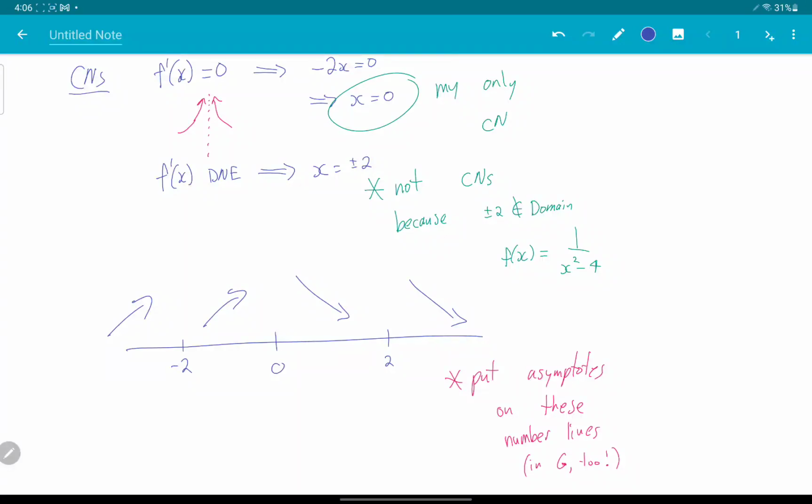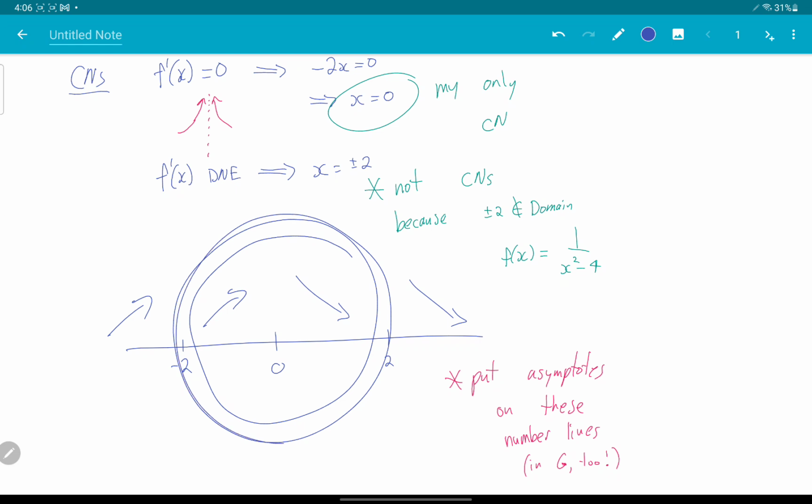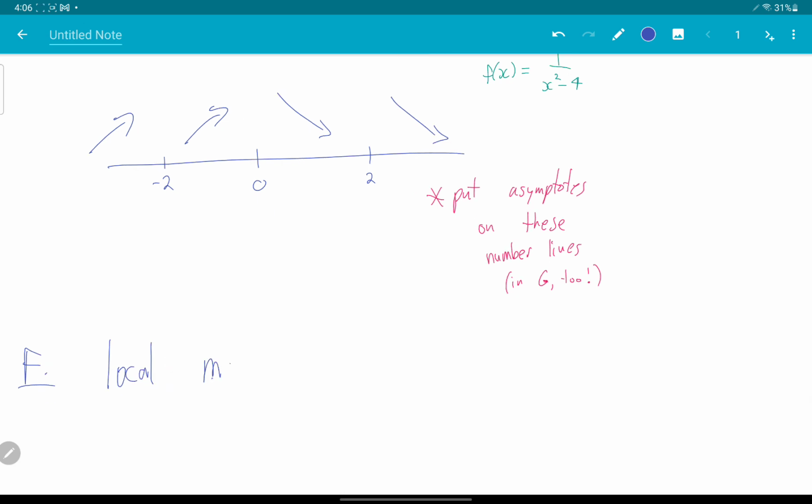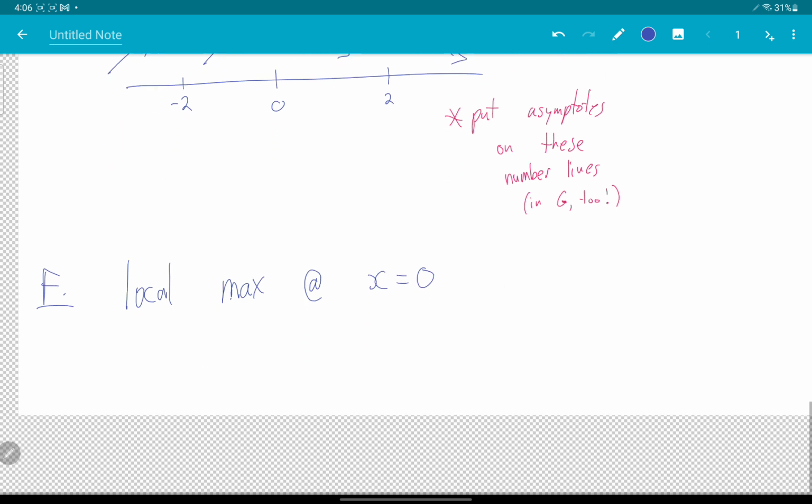Okay, max and min. I only have one critical number that I have to check here. And looking at my circle here, it's increasing, then decreasing. So I have a max there. So that is part F. So we say local max at x equals 0.